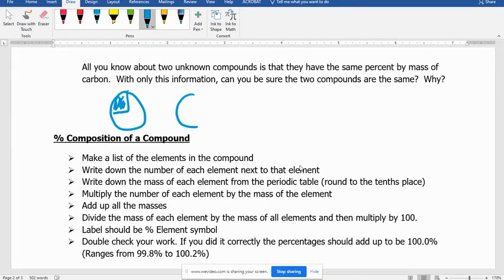Or we could have the same here, where we had 75% carbon over there. So the carbon was 75%, and that was hydrogen. What if we had another one that was 75% carbon, but it was a completely different element, like oxygen? So just because we know that the carbon is the same doesn't mean that the compounds would be the same.